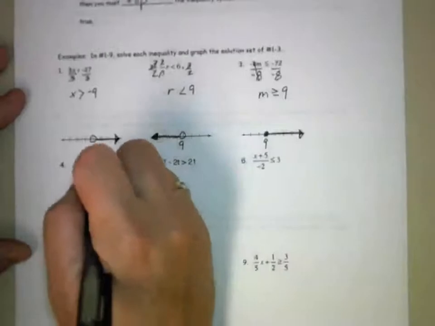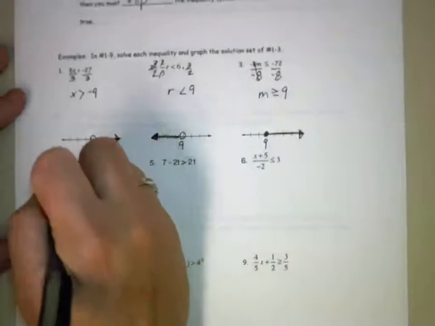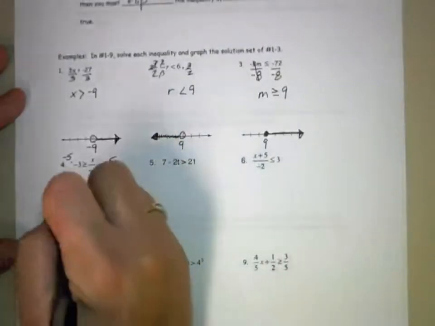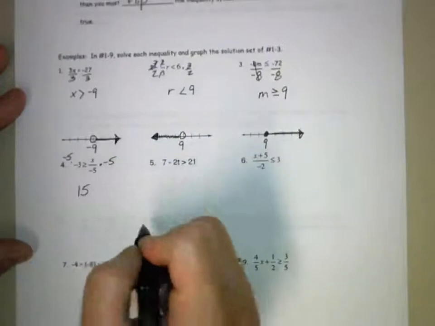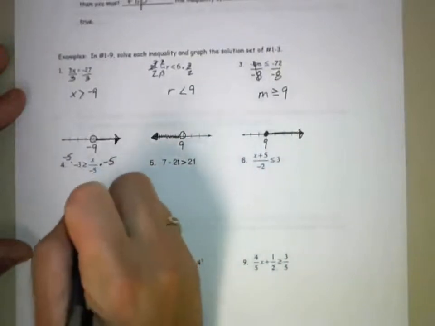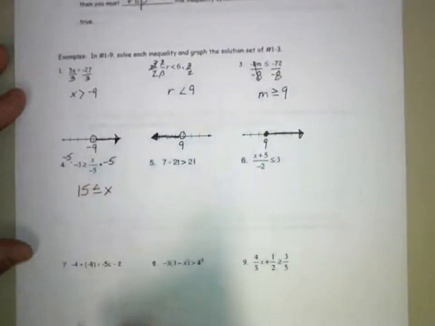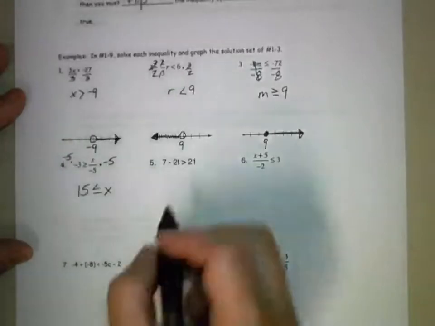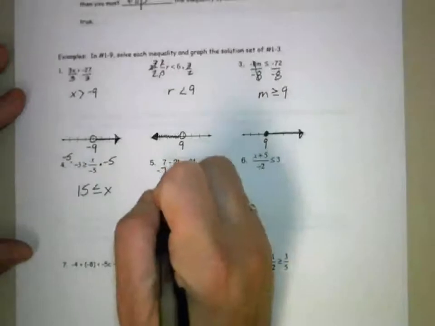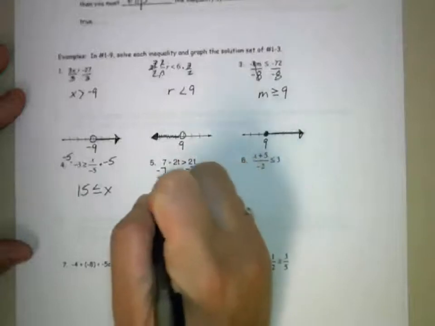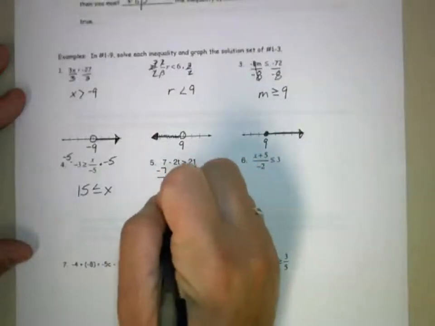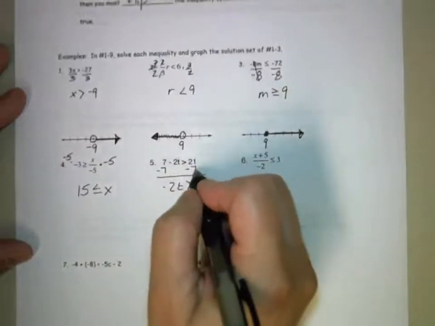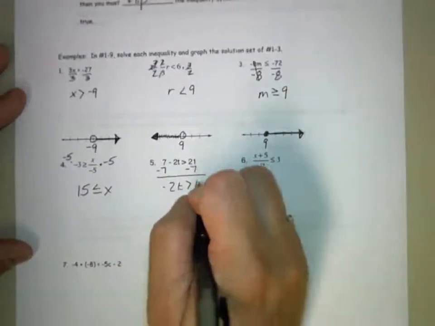Number 4, solving that, we're going to multiply both sides by negative 5. So that becomes 15. Switching that around, is less than or equal to x. Number 5, first of all, we would subtract 7 from both sides, and that becomes negative 2t. 21 minus 7 is 14.